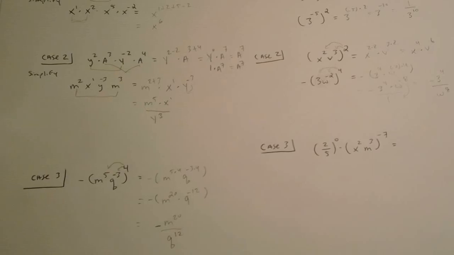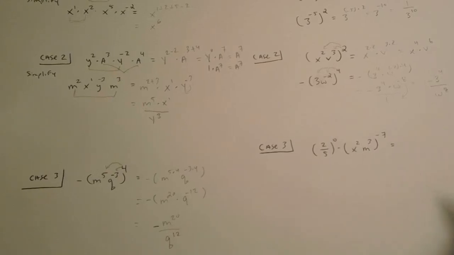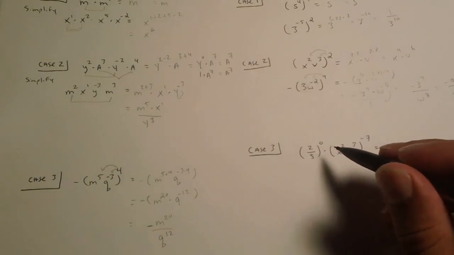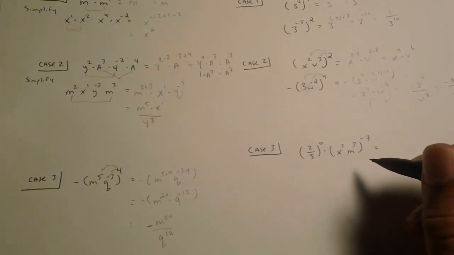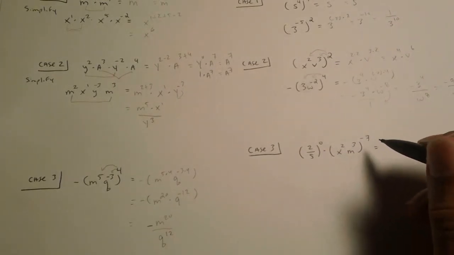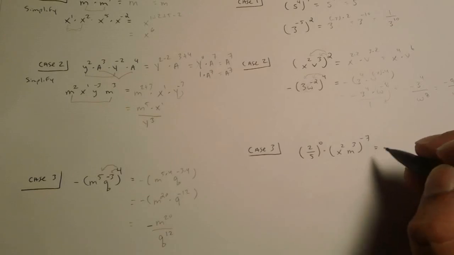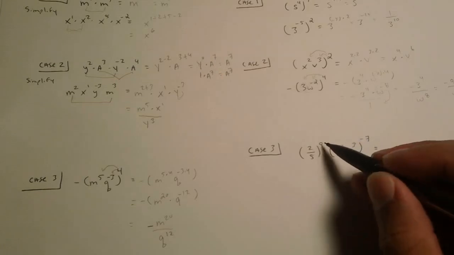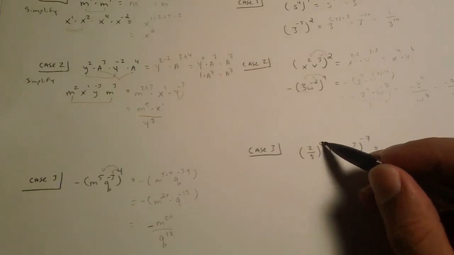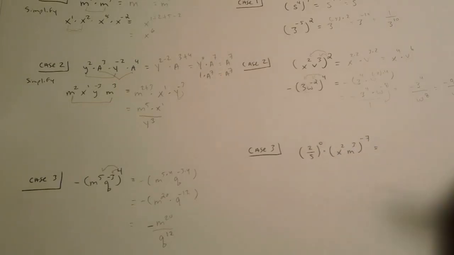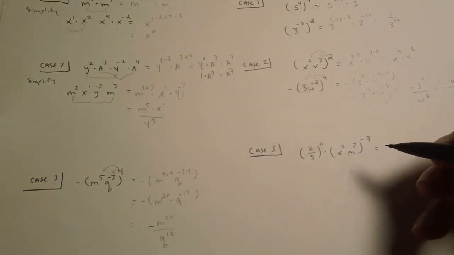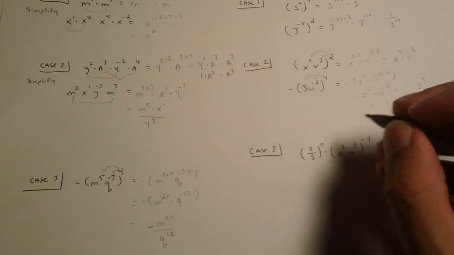Now for case 2 we have 2/5 to the power of 0 times x squared m to the power of 3, raised to the power of negative 7. Now always remember if we have a 0 exponent, pretty much just cross it out, because it's going to turn into 1, and 1 times whatever we're multiplying is always going to be whatever.